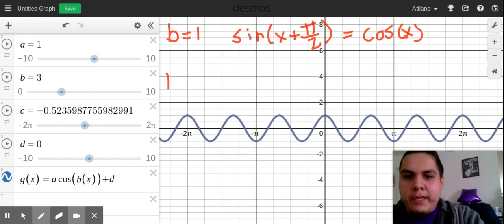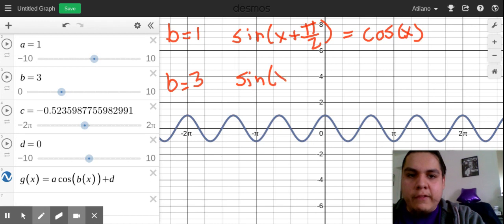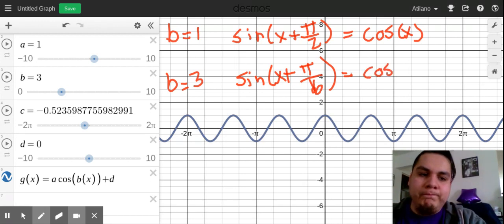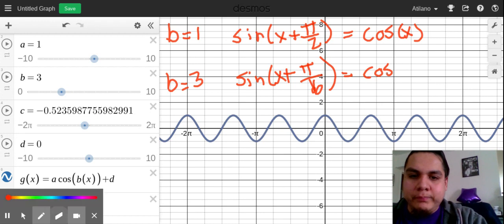And when b is equal to 3, turns out I'd need to have a sine of x plus pi over 6 to equal a cosine of 3x.